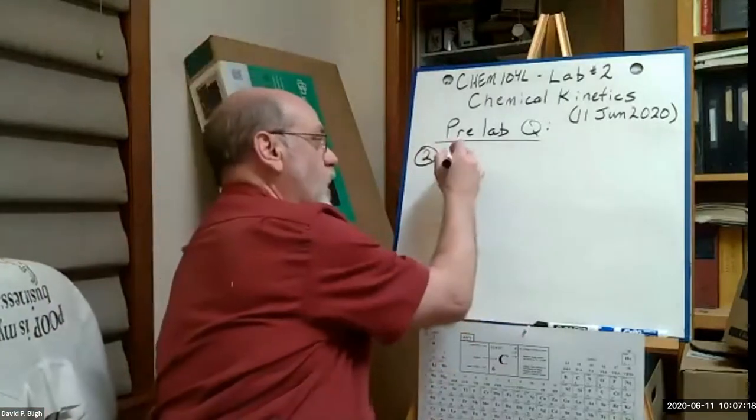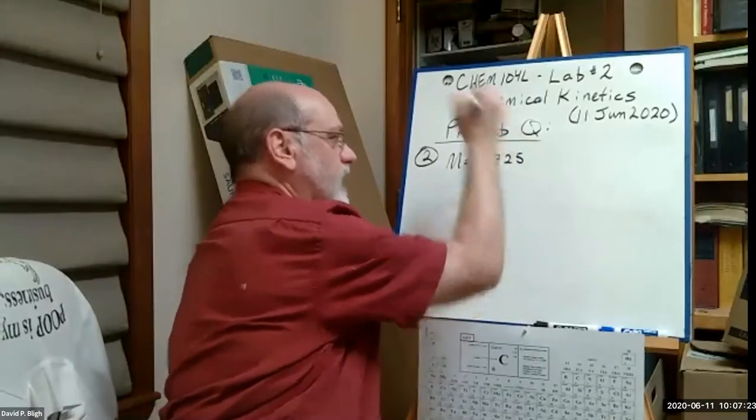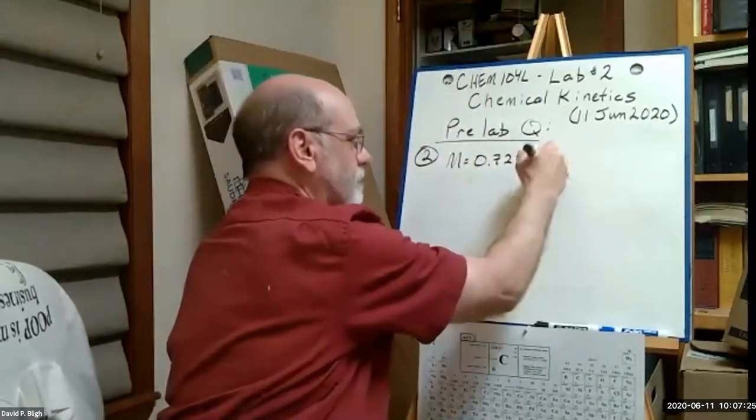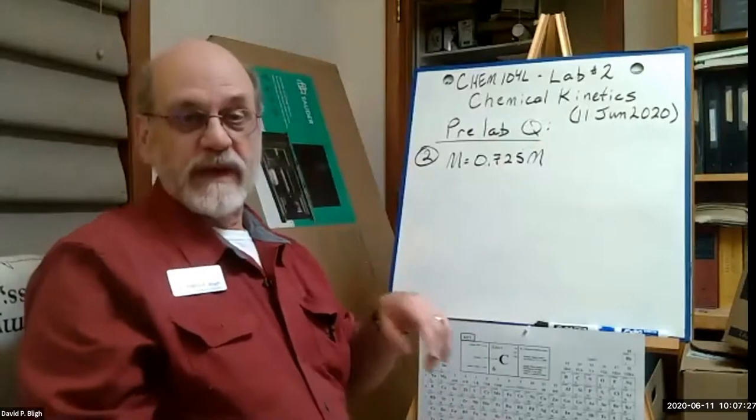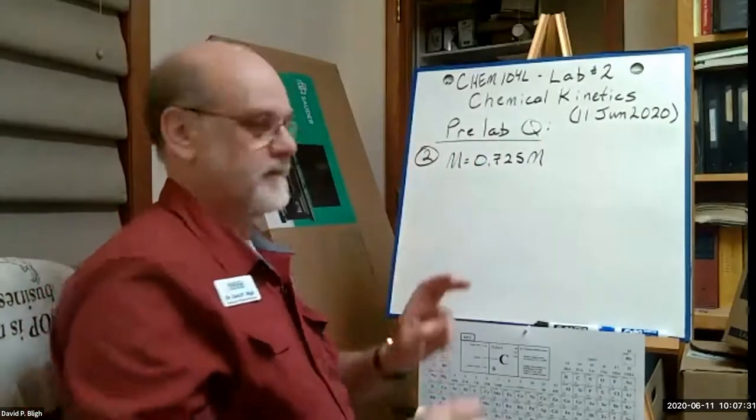Right? So our target molarity is equal to 0.725. Okay. We need 0.725 molar sodium chloride. Okay.